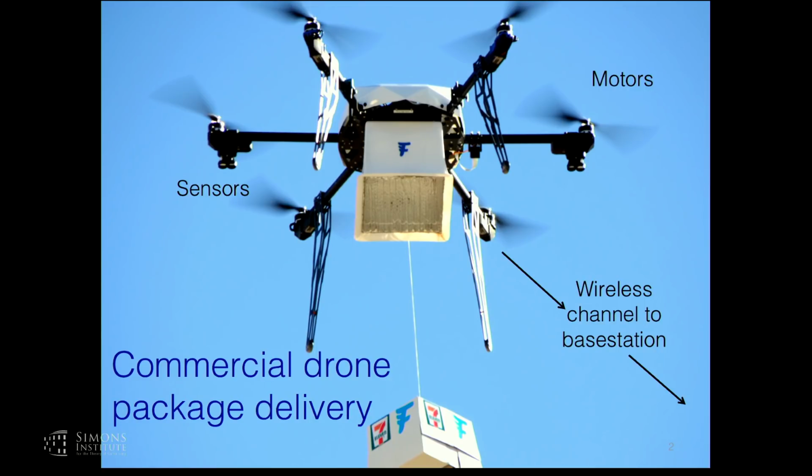And what I'm going to be focusing on in this particular talk is how uncertainty and unreliability in the operation of these motors and these sensors is actually going to affect our ability to stabilize and control such a system.